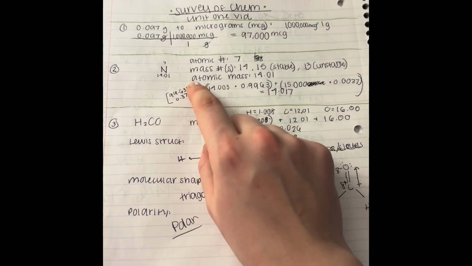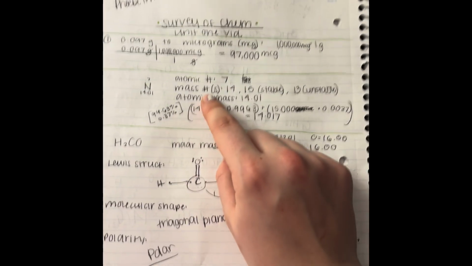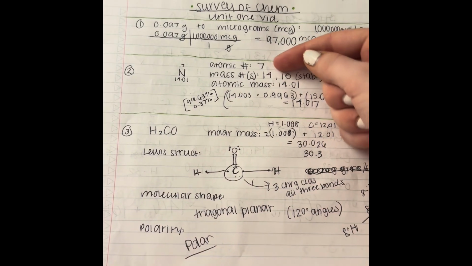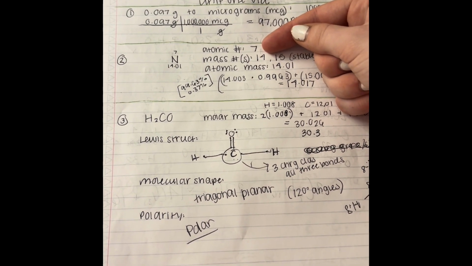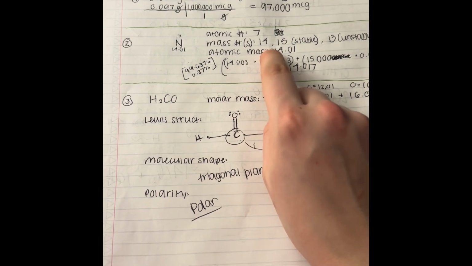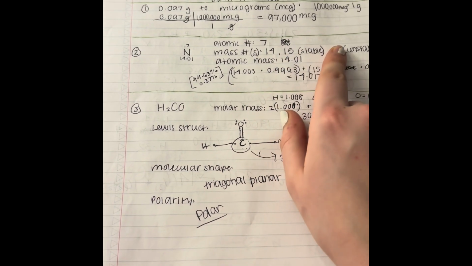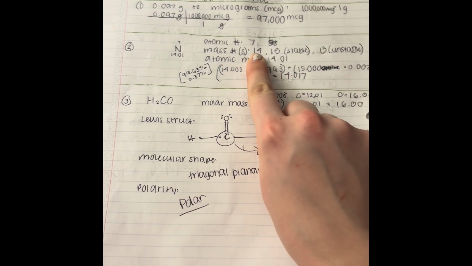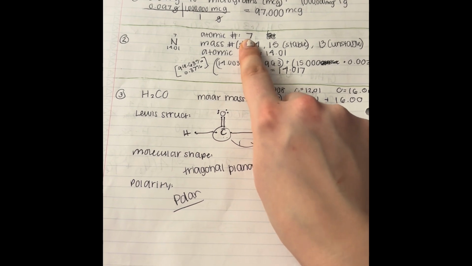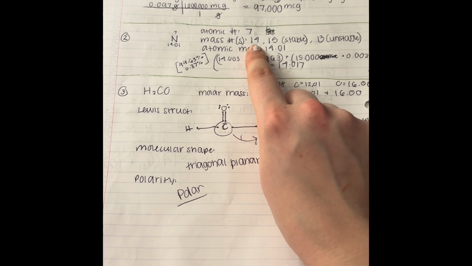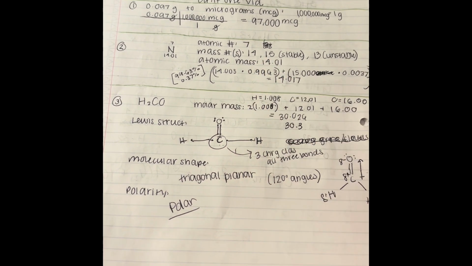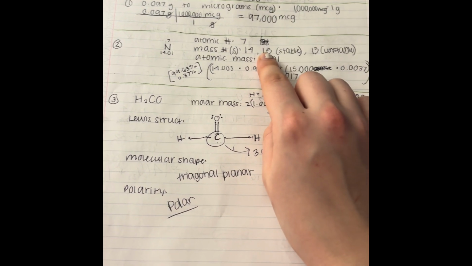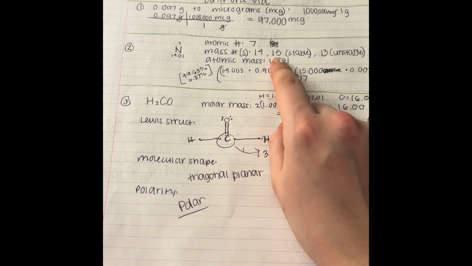The subatomic particles that correlate to the mass number are the atomic number, or the number of protons in the element, and the number of neutrons. These two added together equal this. So nitrogen 14 would have 7 protons and 7 neutrons. Nitrogen 15 would have 7 protons and 8 neutrons, and so on.